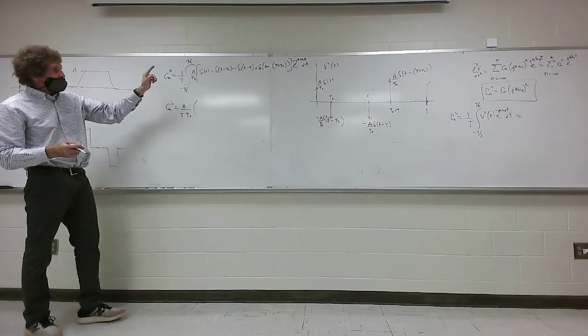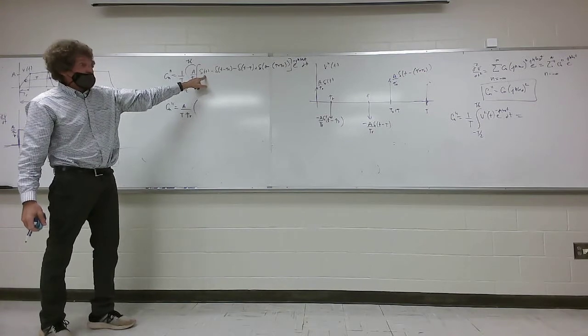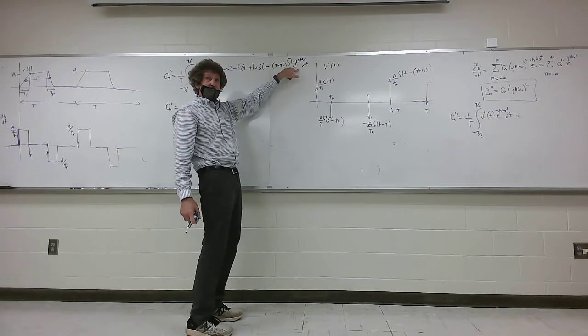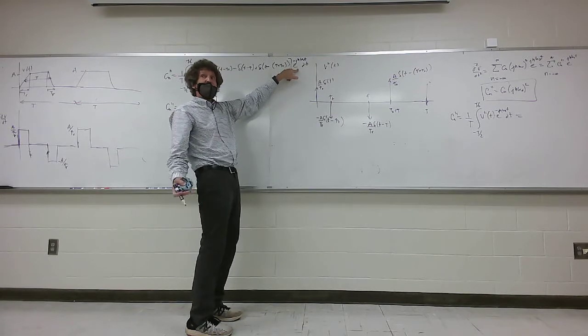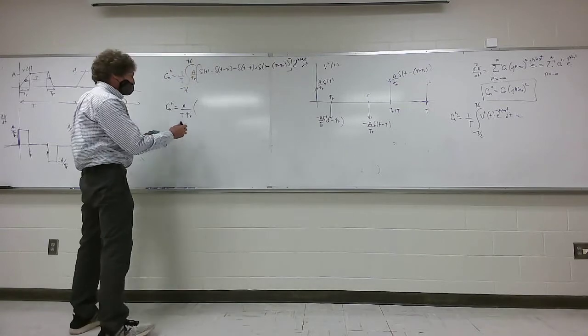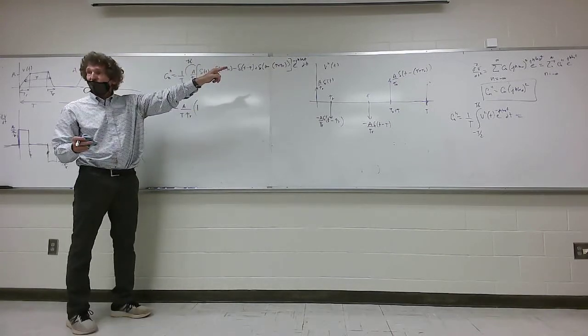Now, do the integration. Where does this turn on? At 0, right? What's next to it that's a function of time? E to the minus jn omega naught t. T at 0, e to the 0 is 1. That means this part of the integration is 1. Do y'all see that? Keep going, it gets better.